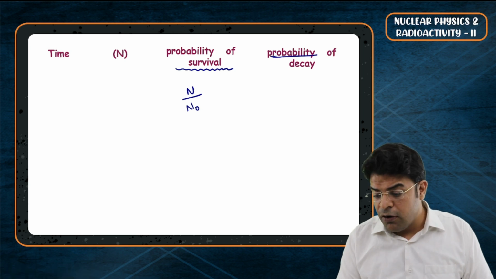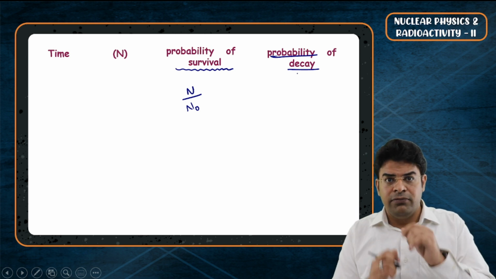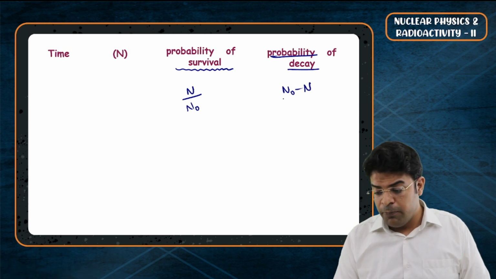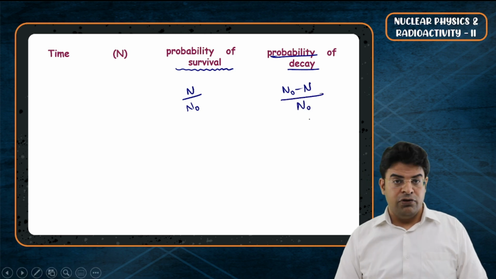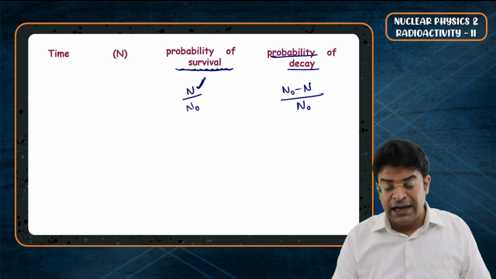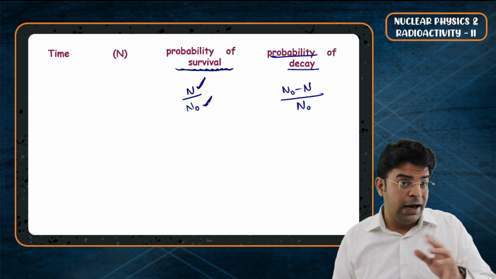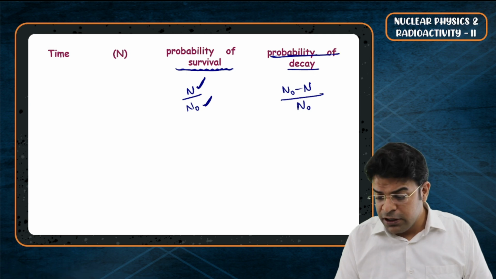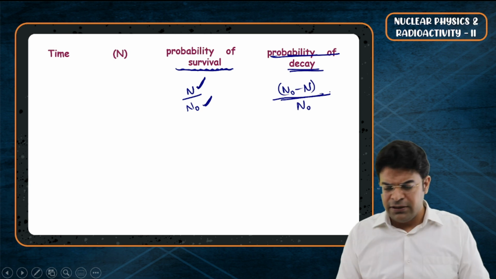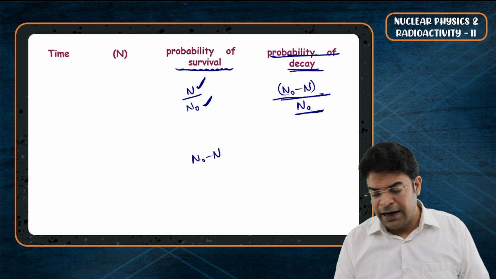And probability of decay means how many nuclei have decayed, that is the original number of nuclei minus the ones which survive, upon the original number of active nuclei.